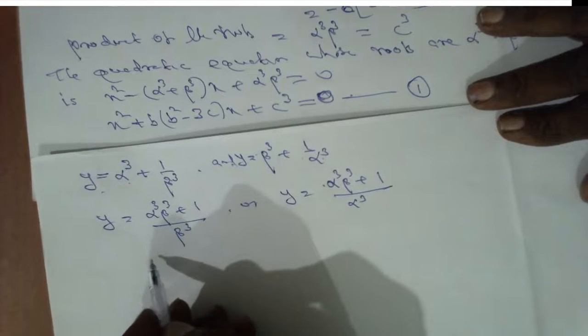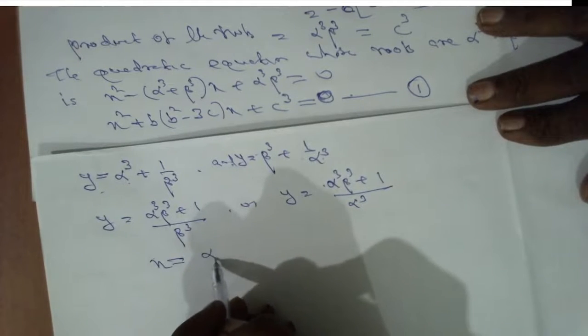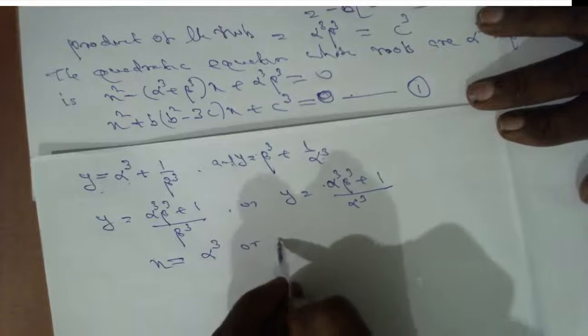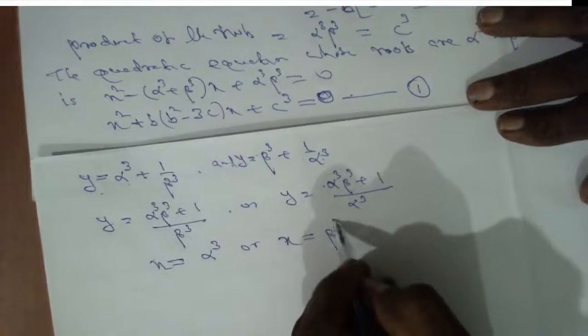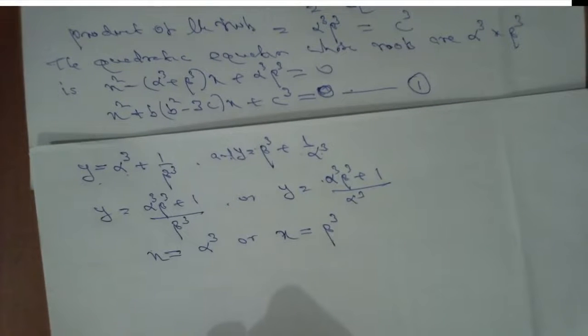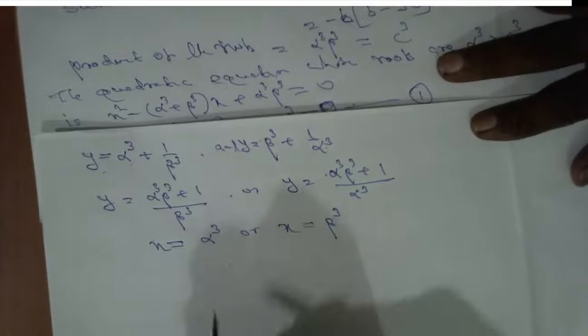Now you can take x equals alpha cube or x equals beta cube, and build a relationship between x and y.